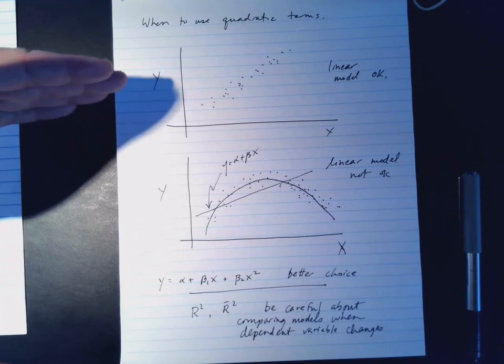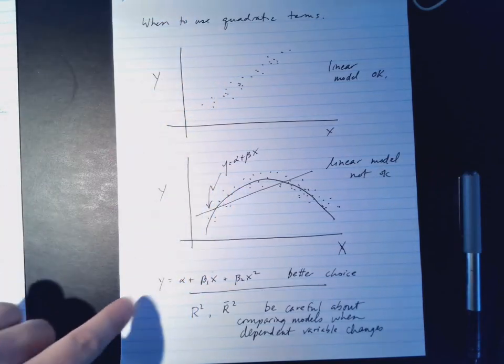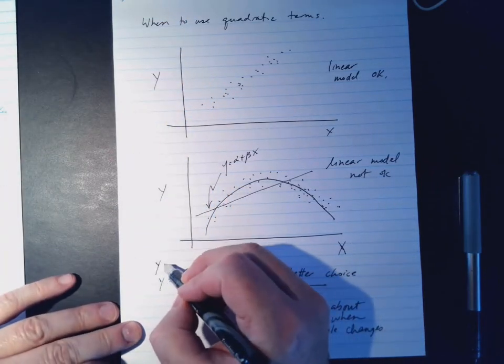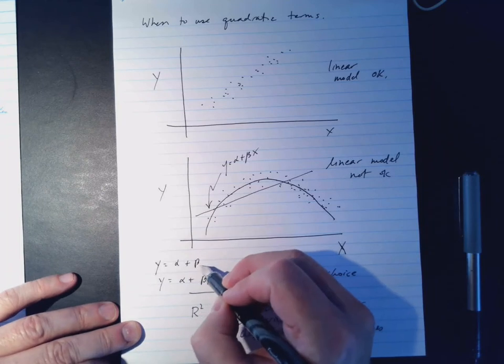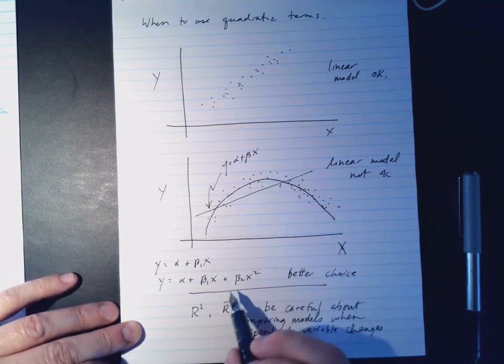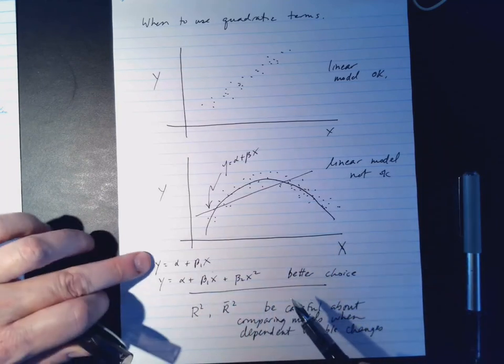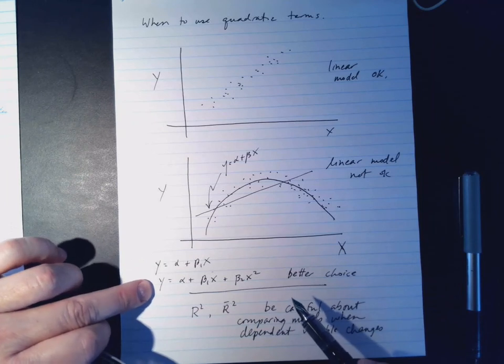For instance, it would be fine comparing the linear version and the quadratic version, because here the y is the same both times.